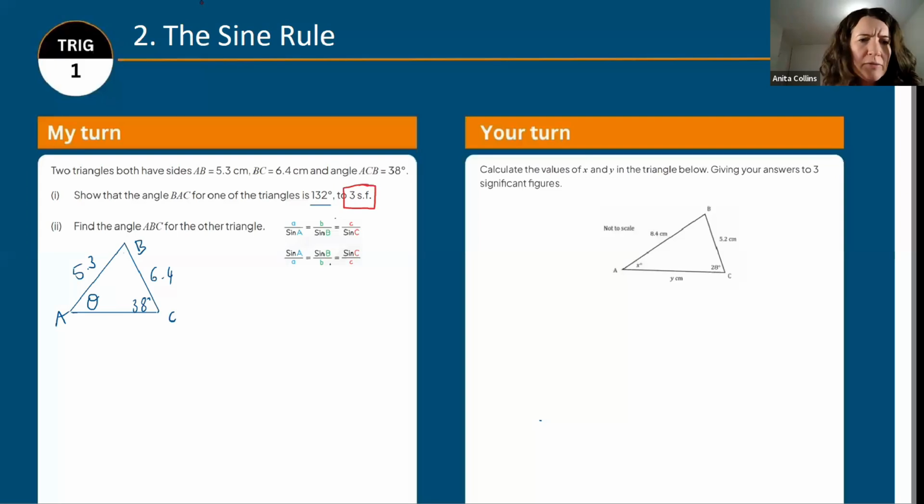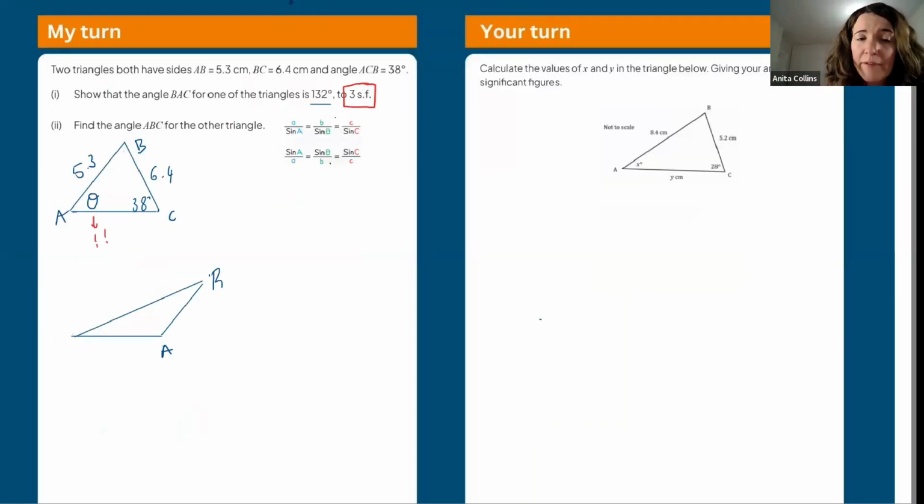But 132 degrees, this doesn't look like 132 degrees. We've got our ambiguous case at play here. There's more than one way to draw this triangle. Now, I could have actually drawn this triangle like this, with AB still being 5.3, CB still being 6.4.